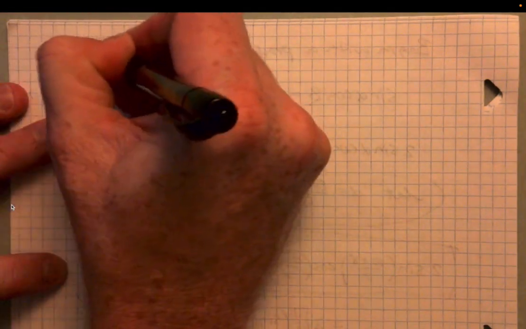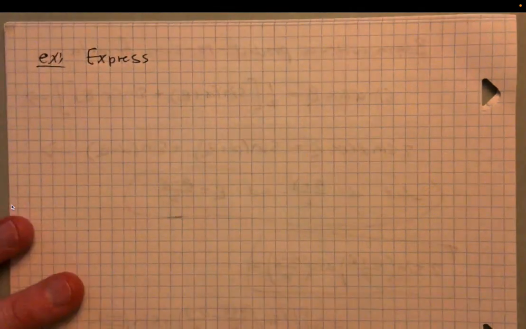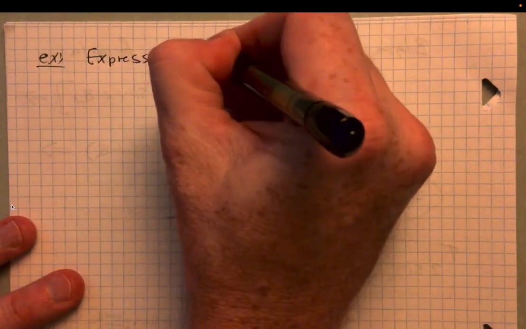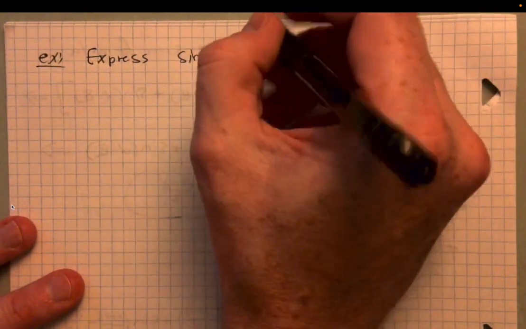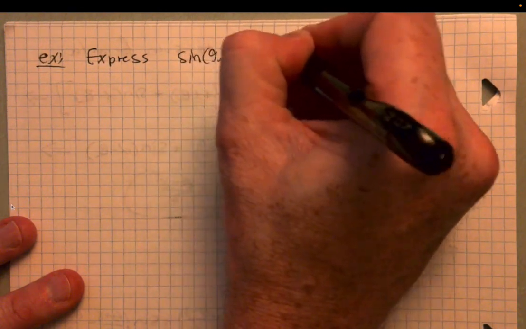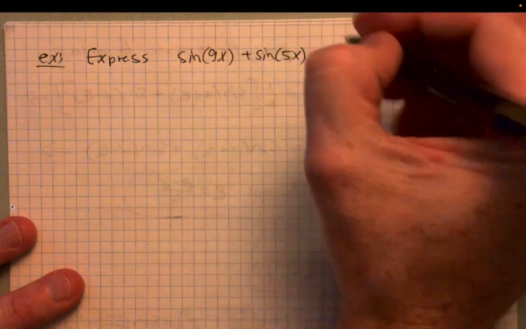Let's do an example. We'll just kind of do the reverse of the example we did for the product to sum. So let's say we want to express the sine of 9x plus the sine of 5x as a product.